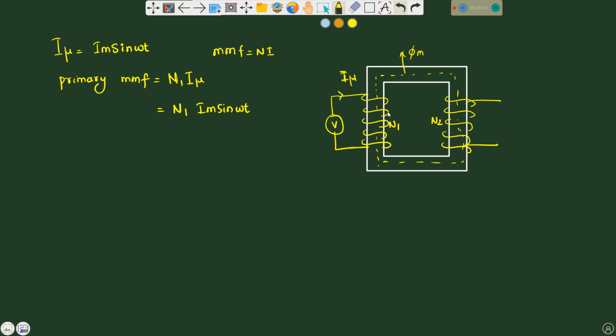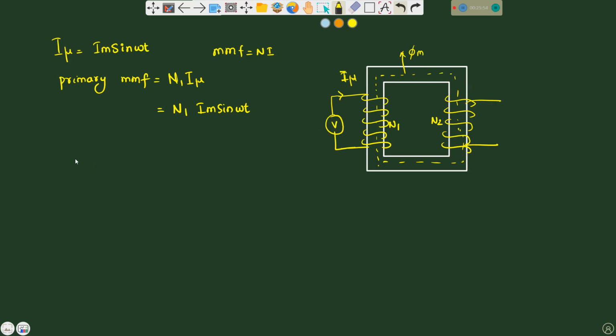So in the primary winding there will be a current. When there is magnetic coupling, the secondary winding also gets energized. Due to that, current in the secondary winding also takes place when load is connected.